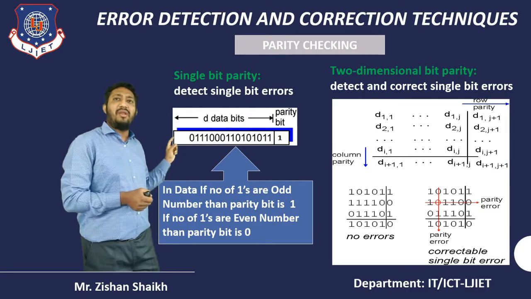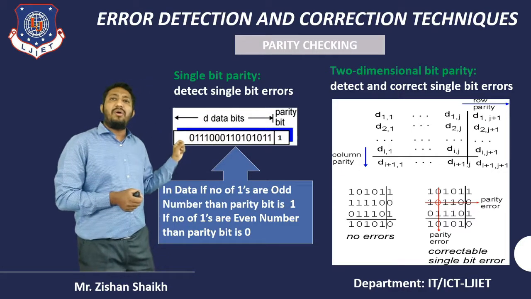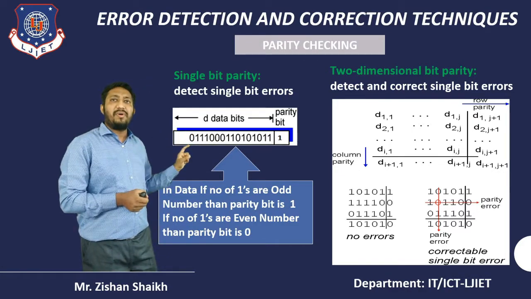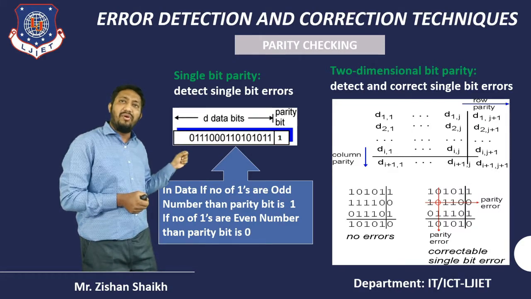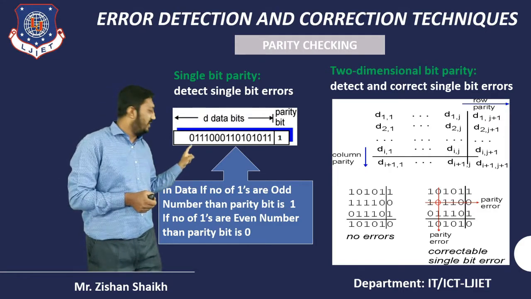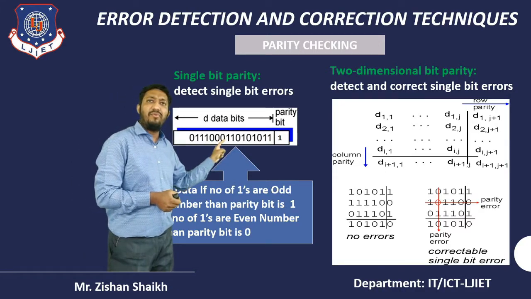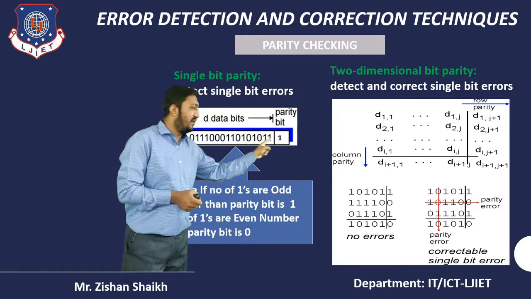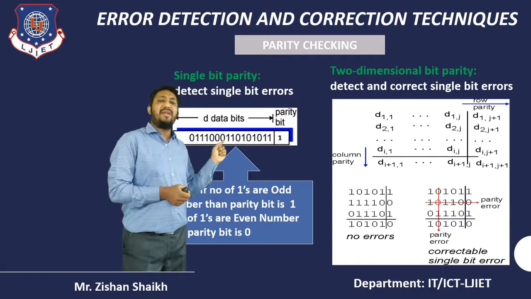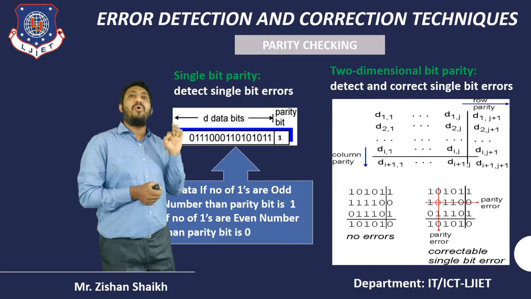So the total number of one bits here is 9, which is an odd number. If you have confusion, understand again: we have to count the number of one bits in the given data item. Here the ones occur 9 times, and 9 is odd.